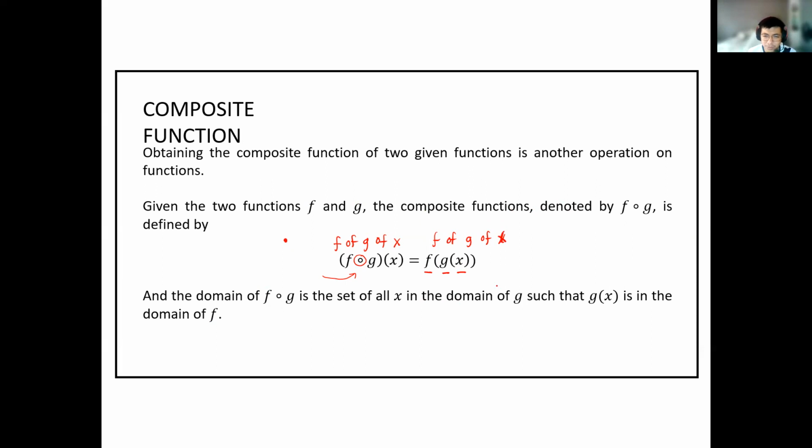You may present it in this manner, or you may also present it in this manner. If you review this later, different resources have different ways of presenting the composite function. I think you'll appreciate it more if we go to the example.